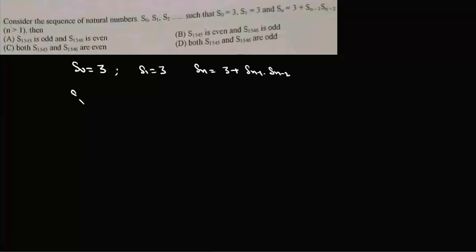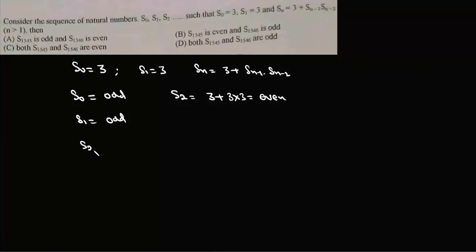Now if we look at this series, we know S0 is odd, S1 is odd. Now if we look at S2, S2 will be 3 plus 3 into 3. Now this is odd plus odd, so it will be even.